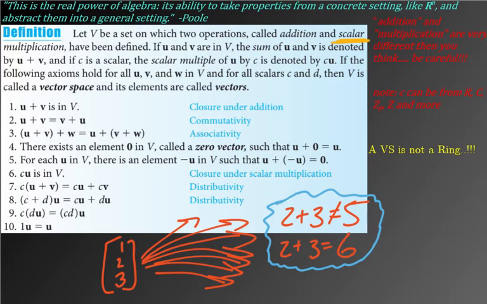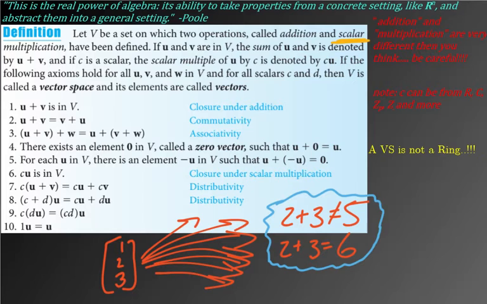But the ideas of addition and multiplication are very different than what you think. This symbol is literally just going to mean addition, but addition can be all sorts of different things. And scalar multiplication is this, where we just write two things next to each other. But again, don't necessarily think you know what it is. It can be more general than that, okay?